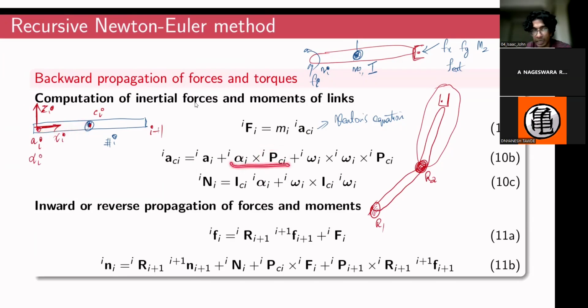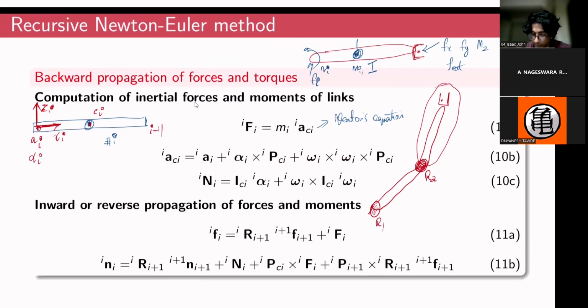Alpha cross iPCi would give you the tangential component, and then the radial component: if you have the angular velocity omega i known from the forward propagation, then the centripetal component would be omega i cross omega i cross the position vector of Ci with respect to i.